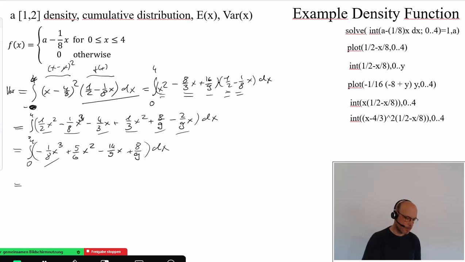Well, it is not helpful if I just do the calculation. What is the integral of x to the power of n? Undetermined integral.